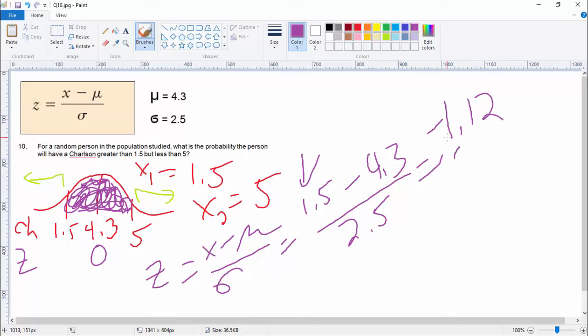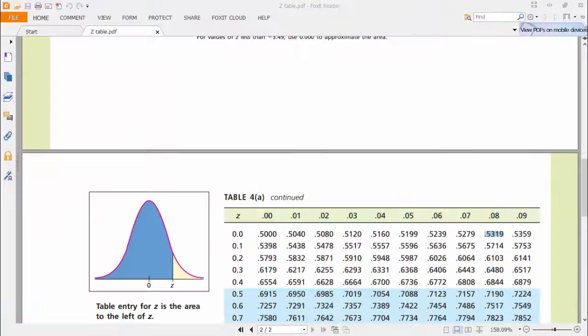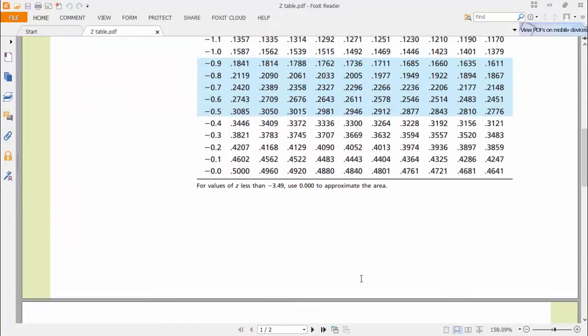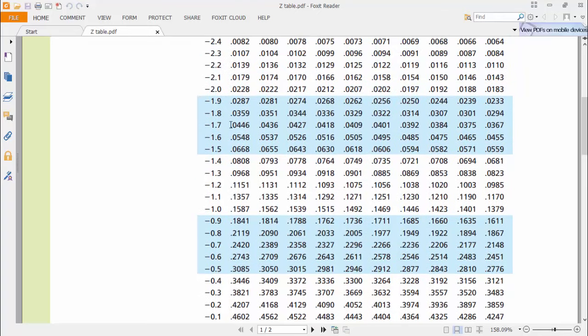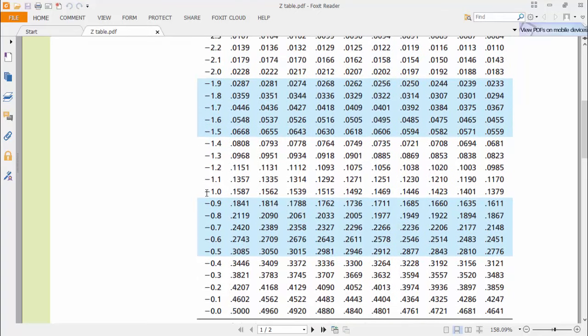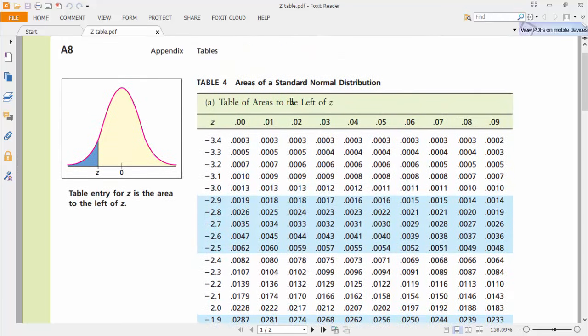So notice 1.12, and notice it's negative. Why am I saying all that? Because we're going to have to go over to the z table and look it up. It's a clumsy table. So negative 1.12. Well, I'm starting on the positive side, so I'm definitely in the wrong place. Here we're in the negative 1 department, negative 1.1, and then we need the 2 column, that's the third one over.